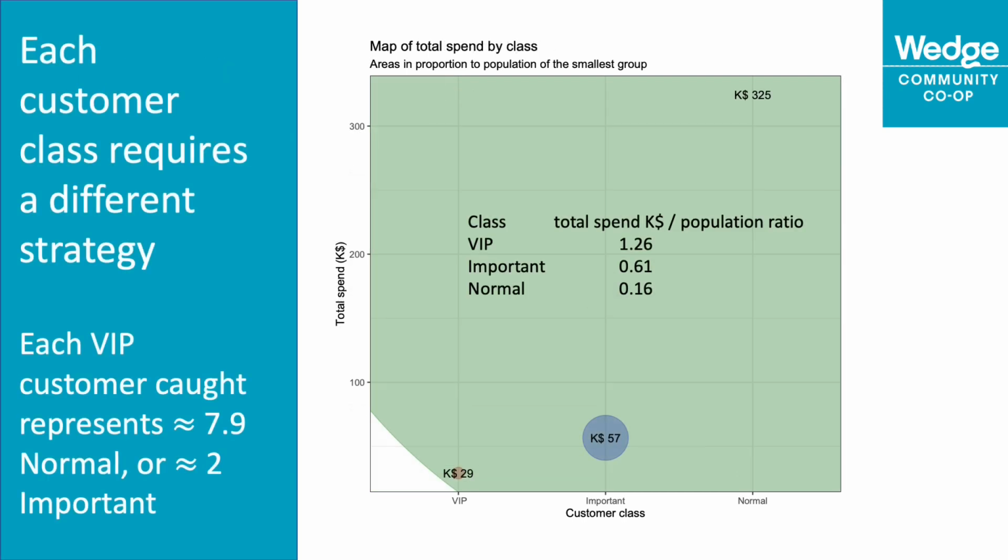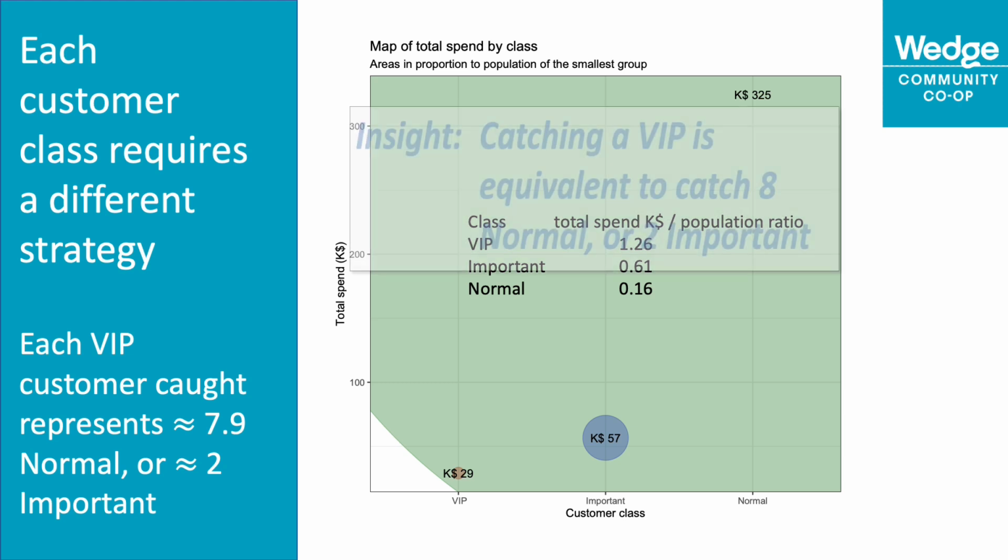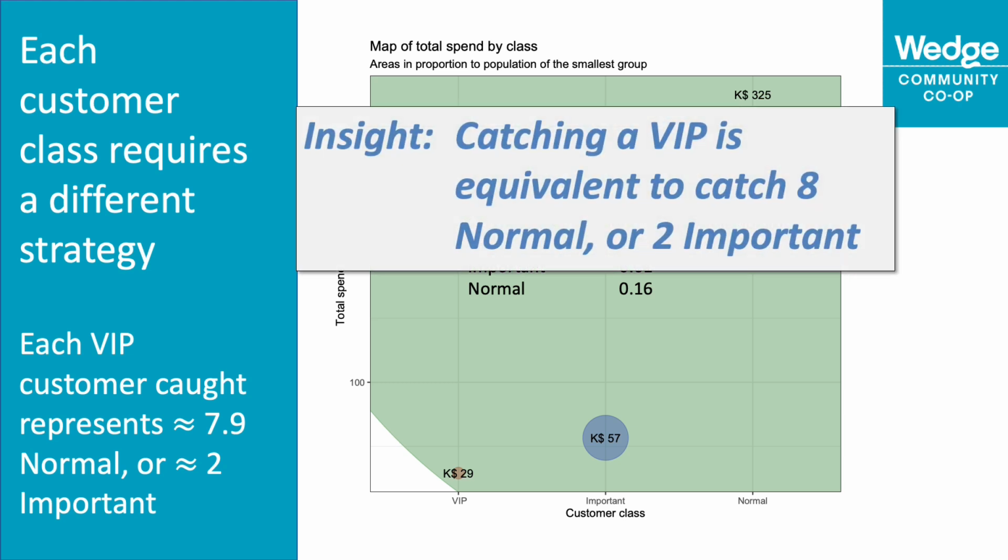This map plots customer classes against total spend in thousands of dollars. By dividing the total spend in thousands of dollars by the population of each class, we arrive at the ratios presented in that table. From the table of ratios, we can see that the VIP ratio is 7.9 times the ratio of a normal one.